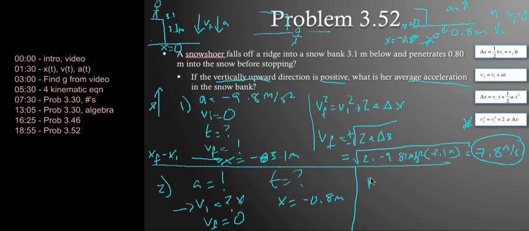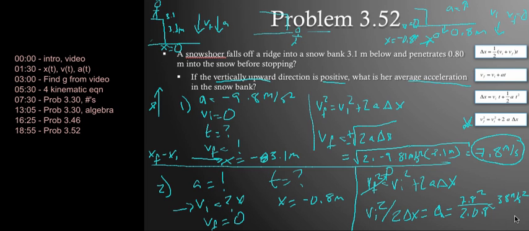Here we have v final squared is going to be v initial squared plus 2a delta x. In this case, v final is 0. So we end up with v initial squared divided by 2 delta x giving us our acceleration. So this is going to be 7.8 squared all over 2 times 0.8, and we're going to end up with 38 meters per second squared.